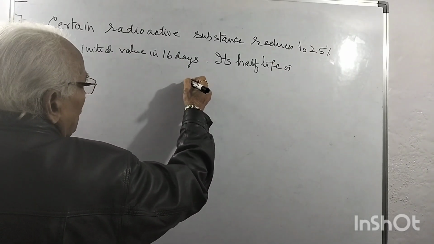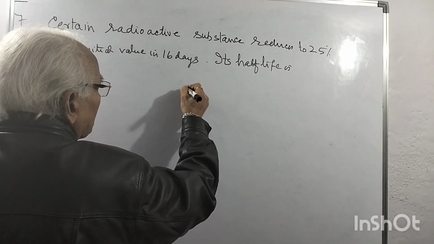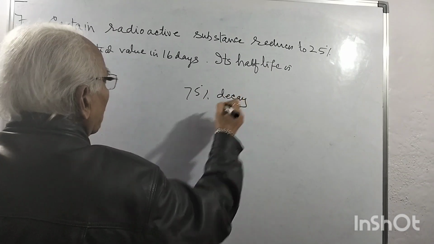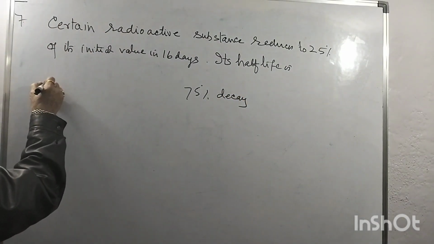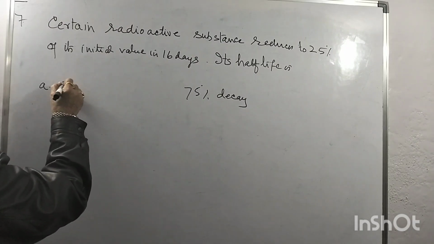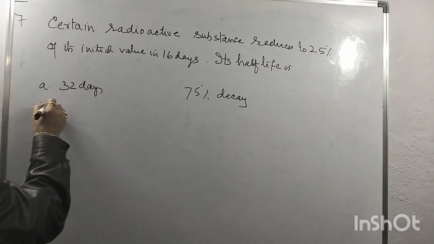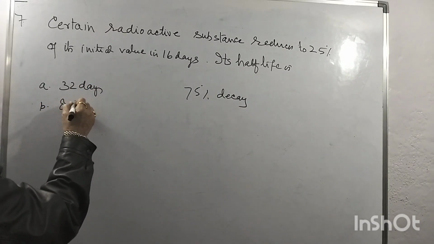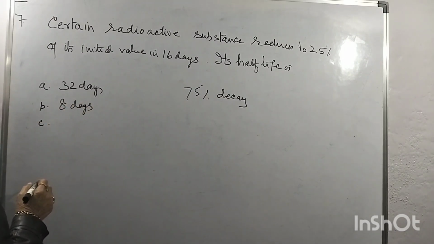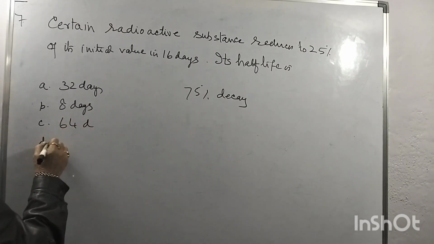It means from initial, it decays 75%. The question is that. So the choices are here: 32 days, 8 days, 64 days, and 28 days.